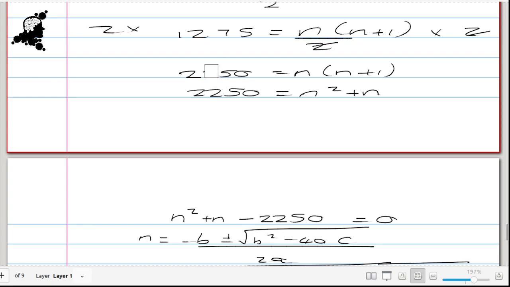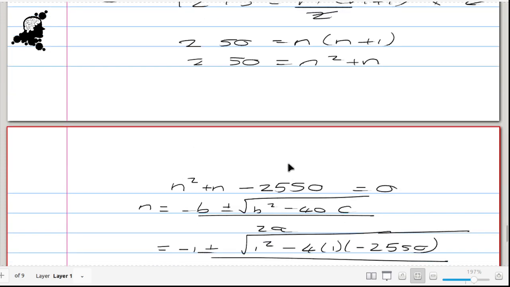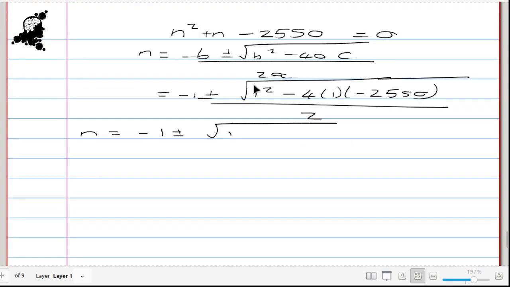This is supposed to be 2550, not 2250. So let's just correct this. You see, if I hadn't identified this error now, we would have gotten problems when having to calculate the value of n. So 2550. There we are. And now we need to calculate the value of n.